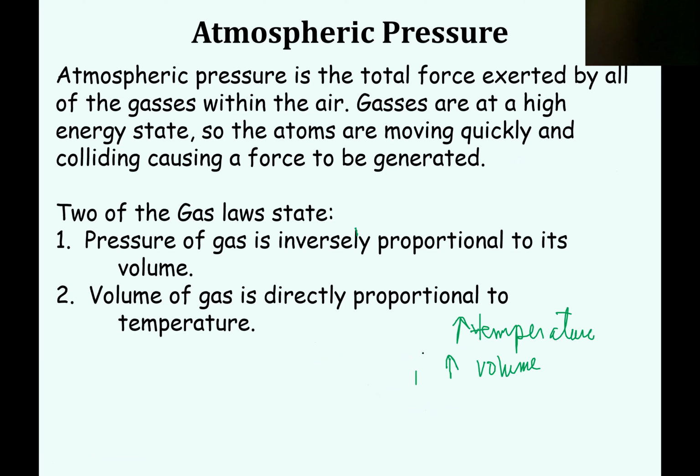Over the summer, it gets hot. The volume of gas, air in your tires is going to expand. So you typically have to let air out of your tires in the summer. In the winter, when it's cold, the tires are going to have less volume because they are colder. So you typically have to add air in the winter.